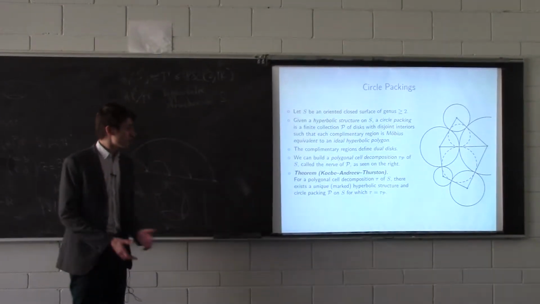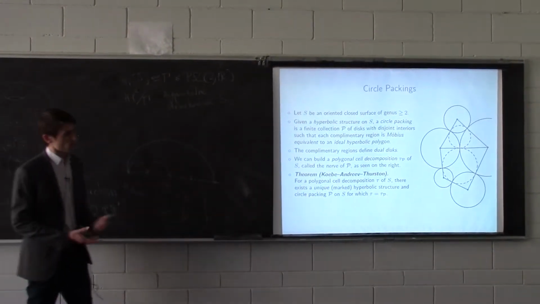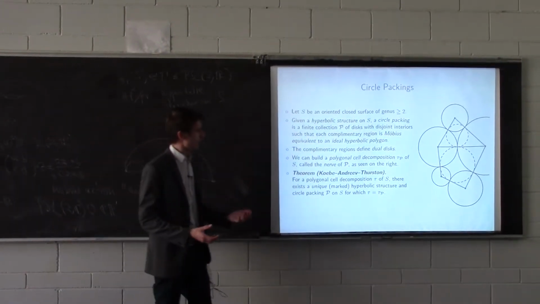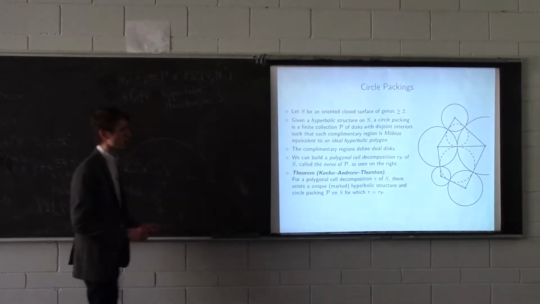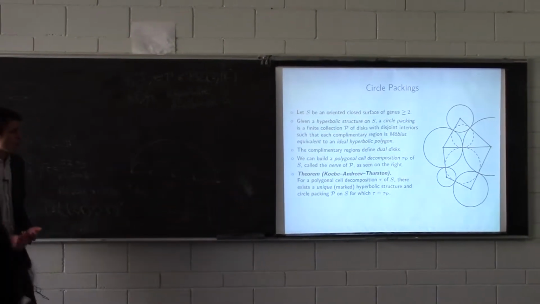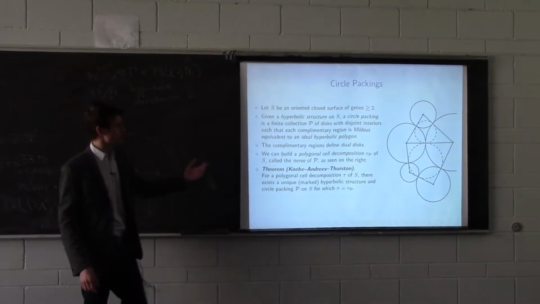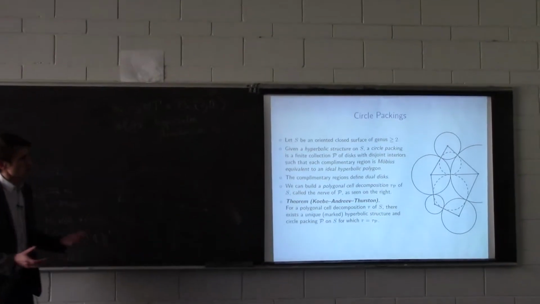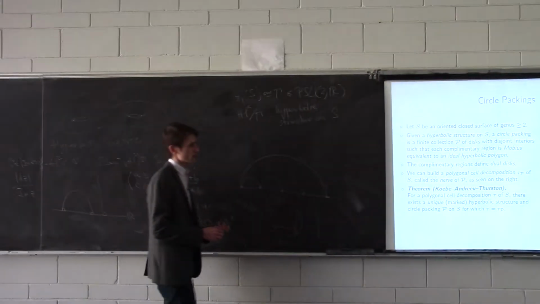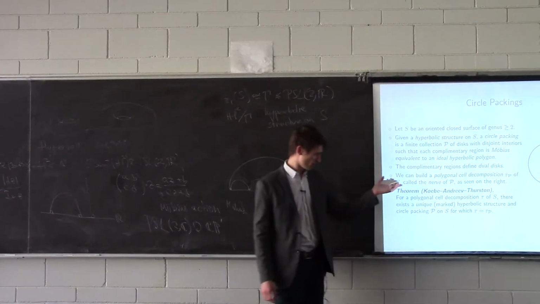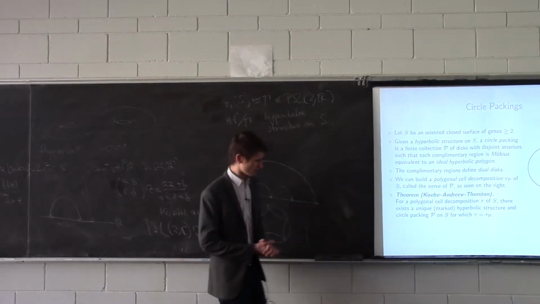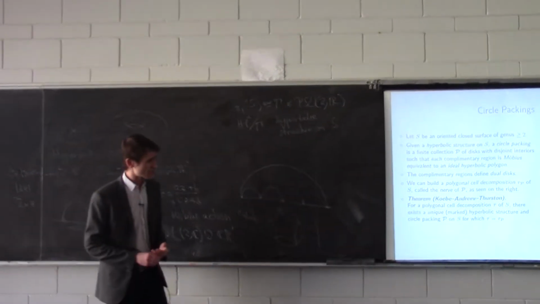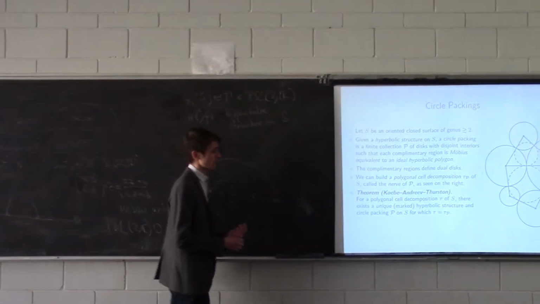So one remarkable thing about this is you might ask, okay, if you have one of these, can you go backwards? So when can you recognize a polygonal cell decomposition as a circle packing? The Koebe-Andreev-Thurston theorem, first proved by Koebe for spheres, and then by Andreev and Thurston in a more general case, says that there actually is a way to do it, and it's unique.